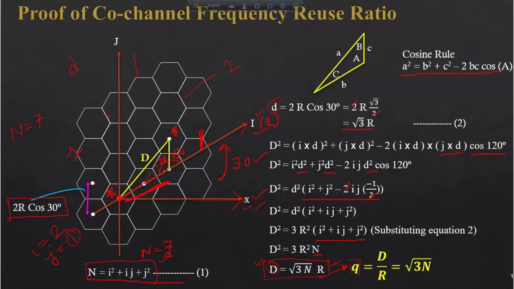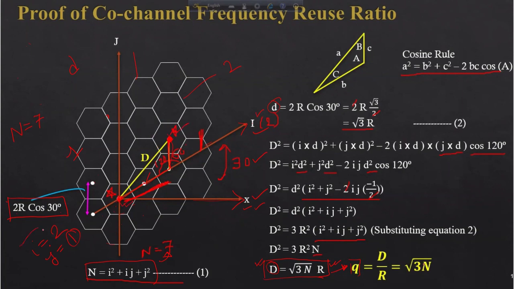So this is my I equal to 2. Then another small d distance from this point through the j direction. This is how I reach this point. Now it is the cell center of that cell where I'm going to reuse the frequency f1.